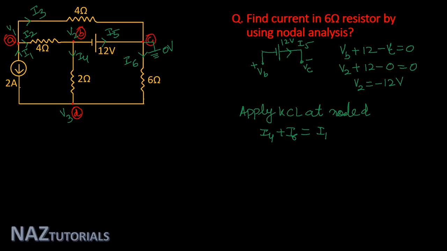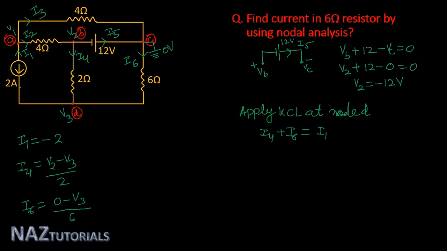Now, if you see the values, I1 is equal to minus 2 ampere according to current direction. And the value of I4 is V2 minus V3 divided by 2, and our I6 is 0 minus V3 divided by 6 ohm.